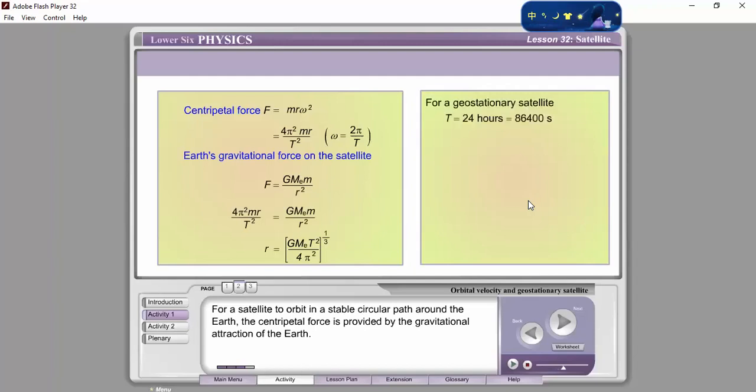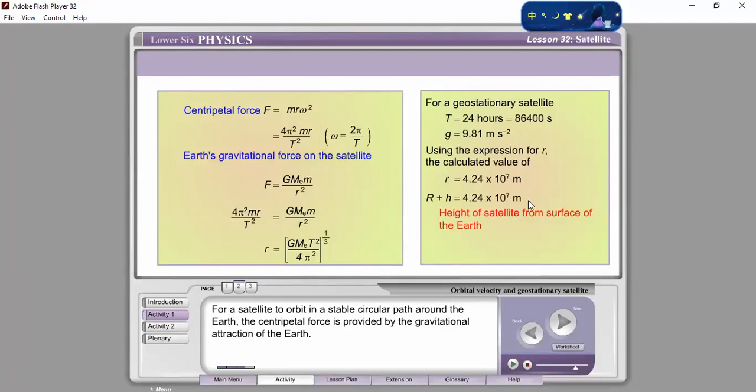For a geostationary satellite, T equals 24 hours, which equals 86,400 seconds. g equals 9.81 meter per second square. Using the expression for small r, the calculated value of small r equals 4.24 times 10 to the power 7 meters.